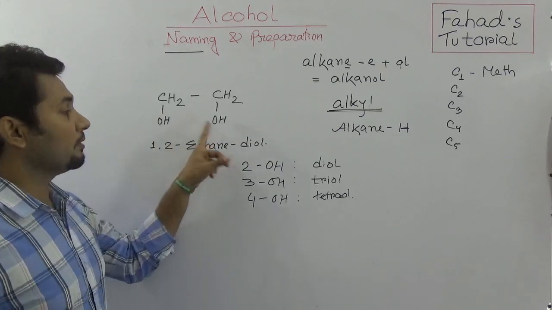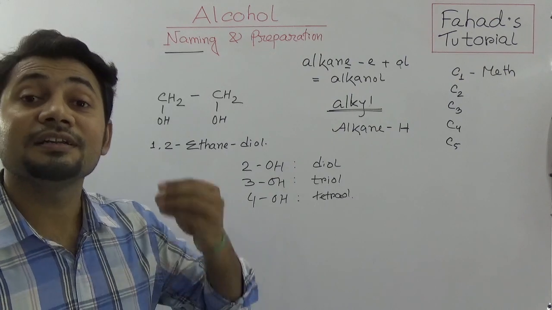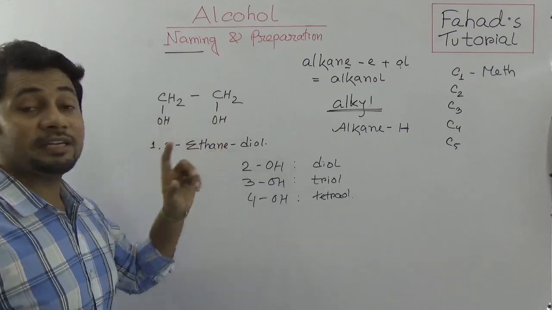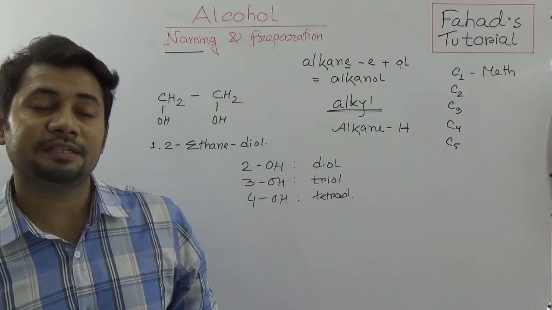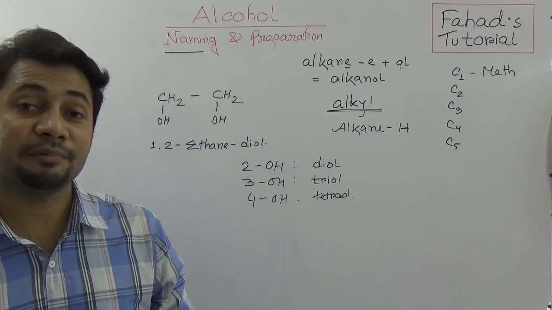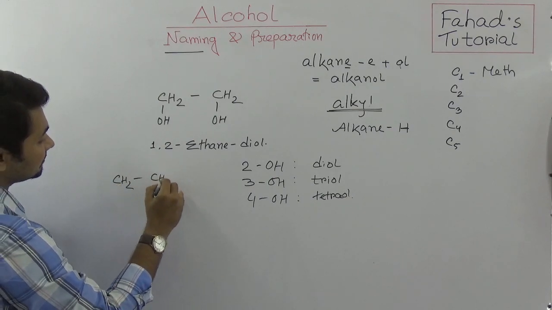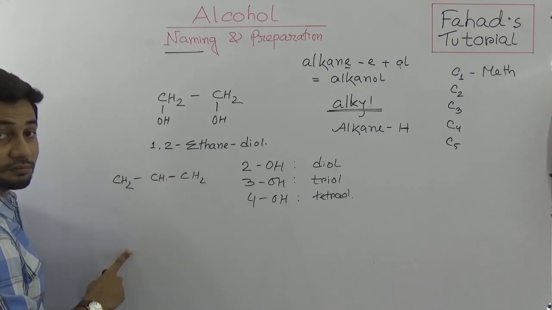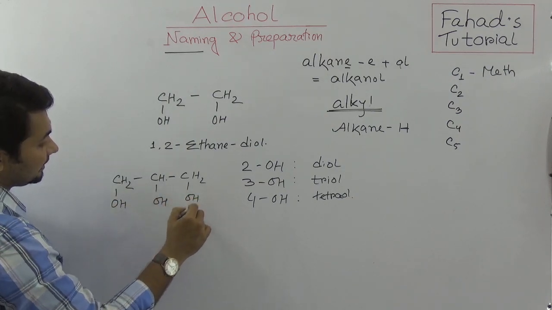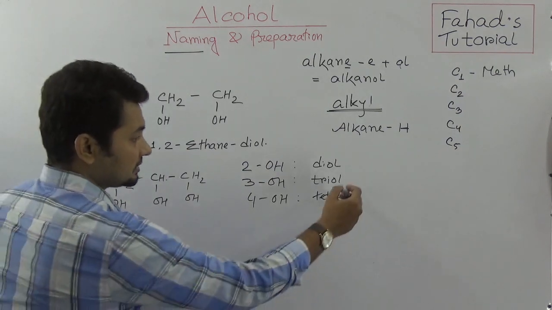If there is more than 1 hydroxyl, then this is called, even you can say, polyhydric alcohol. I'm just coming up next to the classification of alcohol naming based on the number of hydroxyl. Suppose CH2, CH2, CH2, with hydroxyl and hydroxyl. Now you see there are 3 hydroxyls present in this compound, so this is triol.